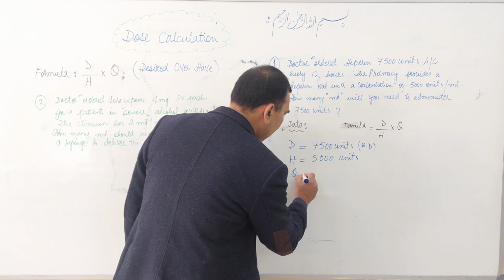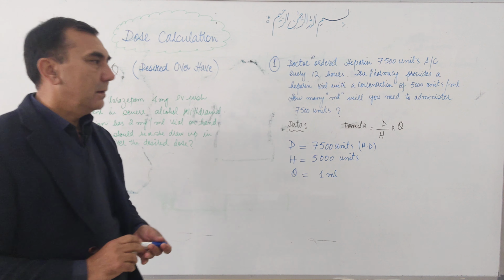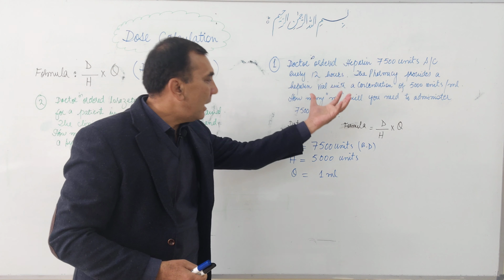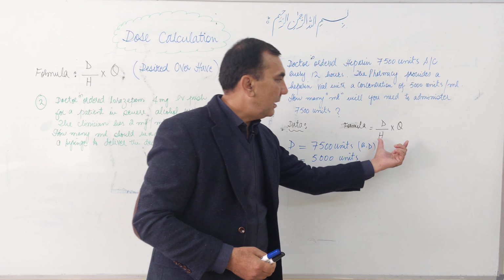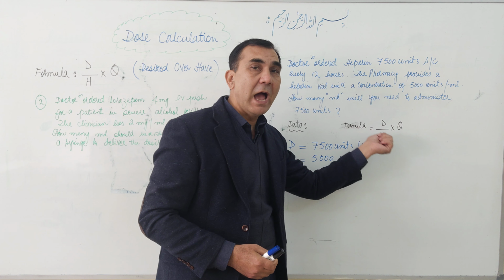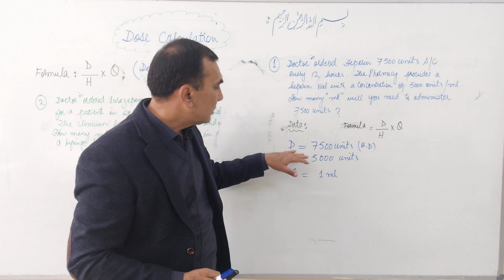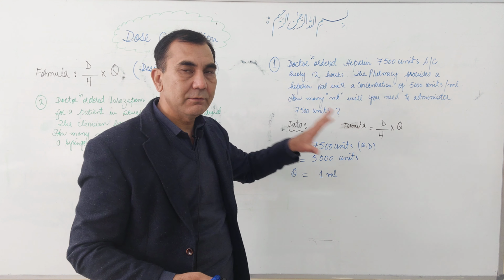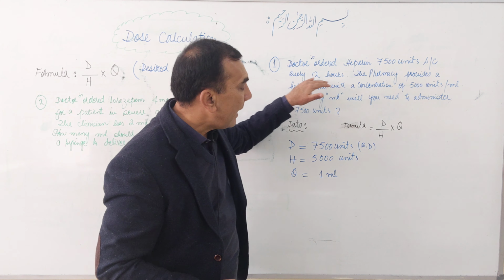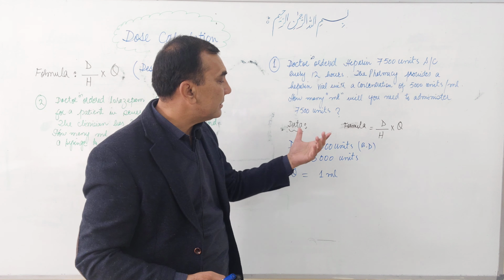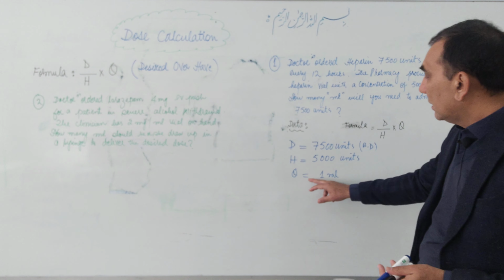The quantity Q is 1 ml. Before putting the values in the formula, we abstract the data: D is 7,500 units, H is 5,000 units of heparin present in 1 ml, and Q is 1 ml.